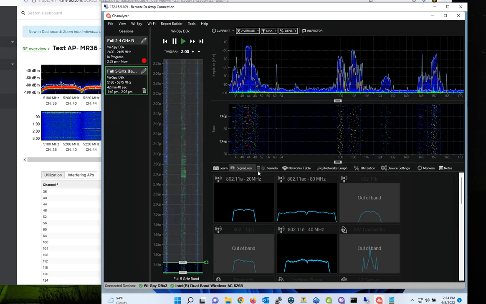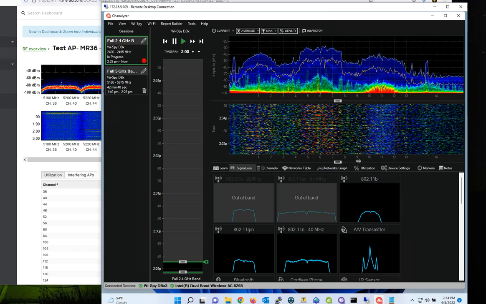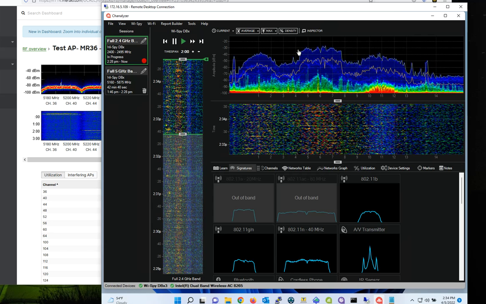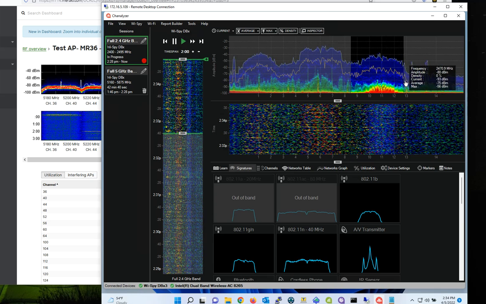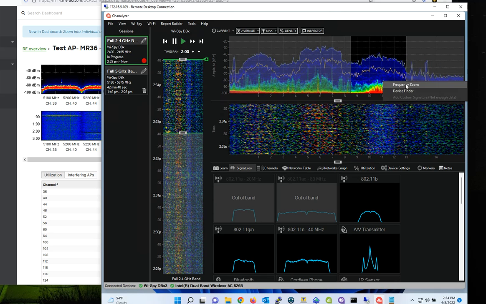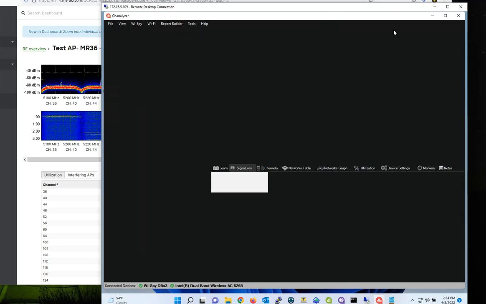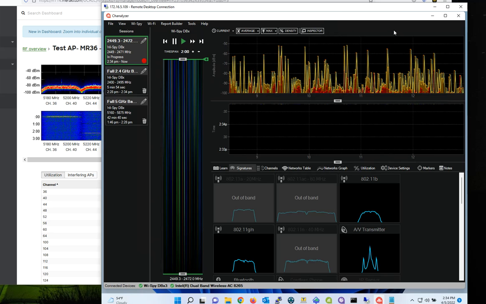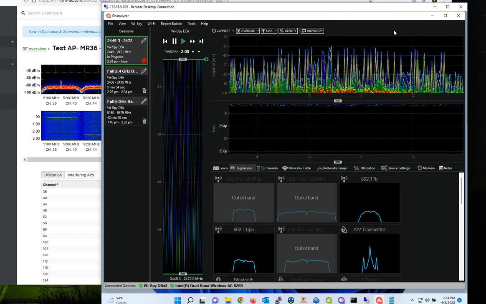Again, we still prefer using a real spectrum analyzer, because with this we can go deeper into the configuration, right? We can go deeper, zooming into the frequencies, and we can also attach a patch antenna and find the source of interference.